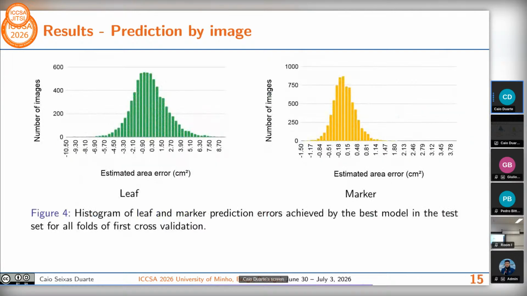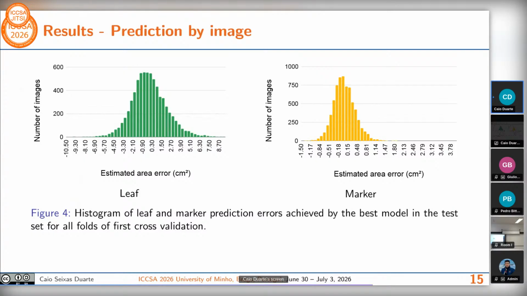And this slide presents the prediction histograms considering all 5 folds of the cross-validation together. On the left, we have the leaf area estimation errors, and on the right, the fiducial marker errors. Overall, most errors are concentrated around 0, indicating that the model produces consistent estimates for a large portion of the dataset.